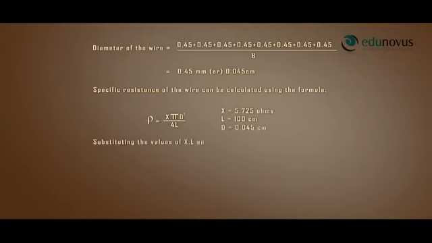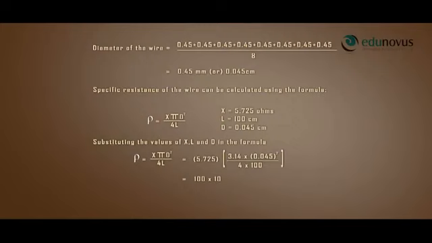Substituting the values of X, L and d in the formula, rho is equal to X pi d square by 4L, which is 5.725 into 3.14 into 0.045 whole square divided by 4 into 100, that is equal to 100 into 10 power minus 8 ohm meter.